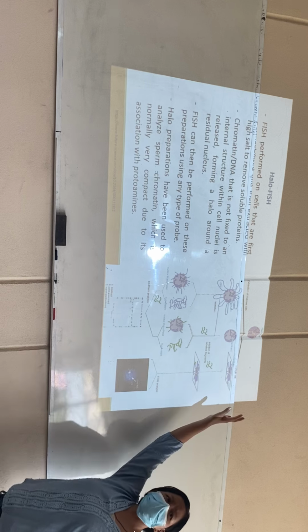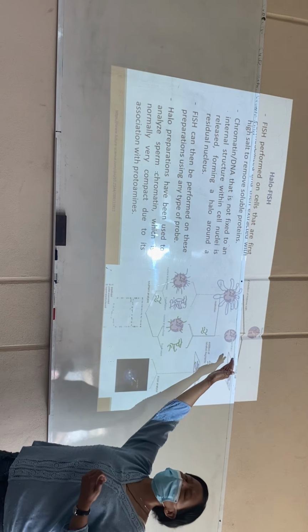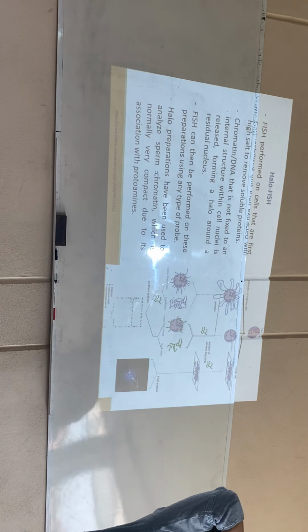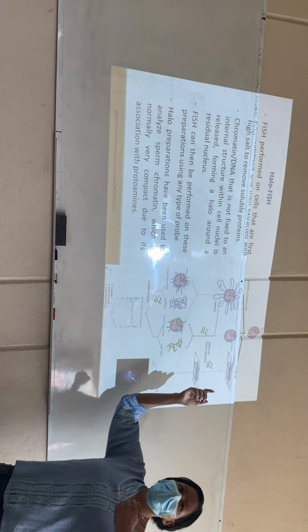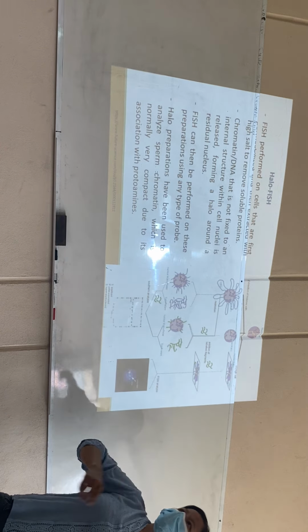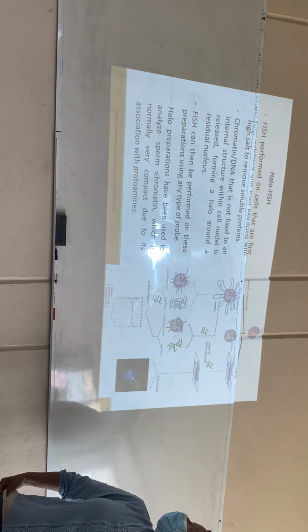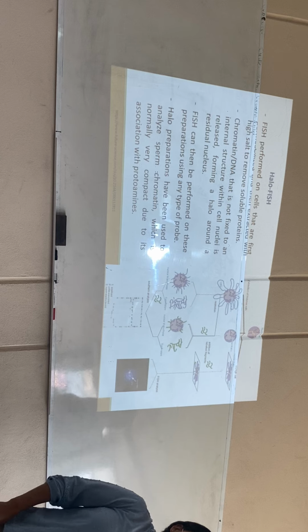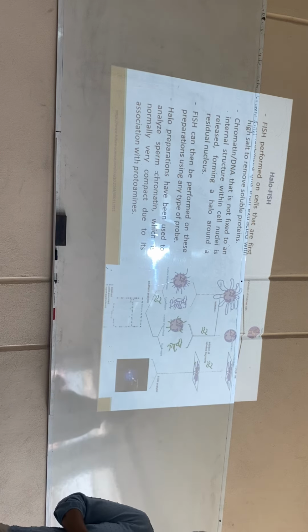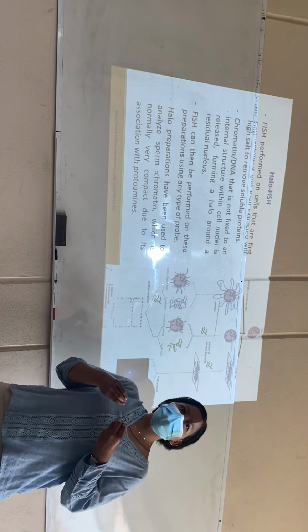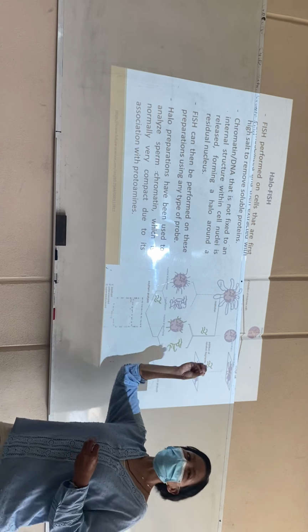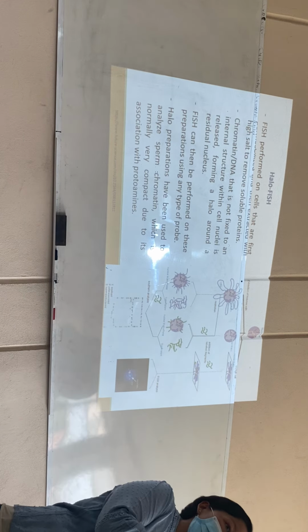So basically, the cells are attached onto a slide, once again, a glass slide, and then they are treated with a specific reagent that is going to allow the release of the chromatin, because the reagent is going to make holes in the nuclear envelope.